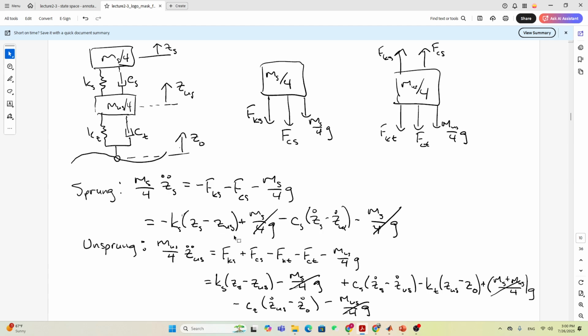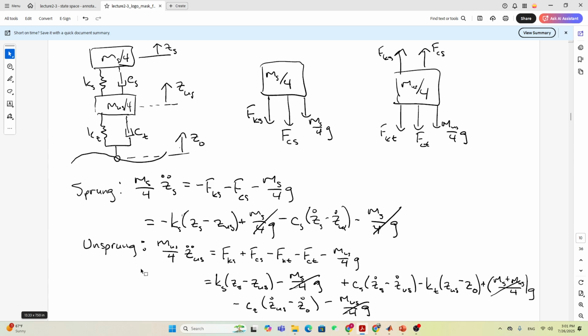Similarly, your damping force is considered as the derivative of the displacement. So you just take the derivative of the delta x, and you get Z of S dot minus Z of US dot. So this is the sprung mass dynamics.